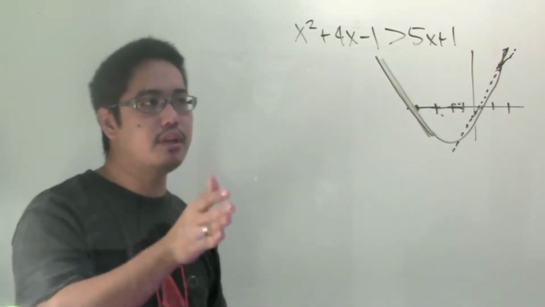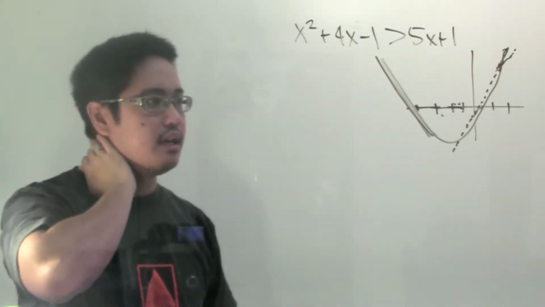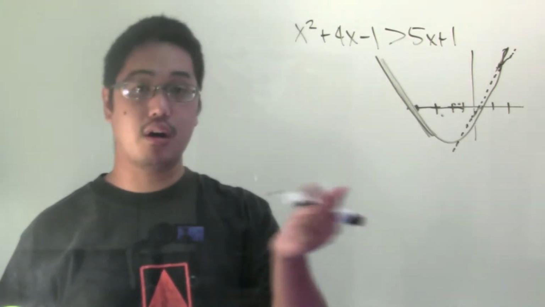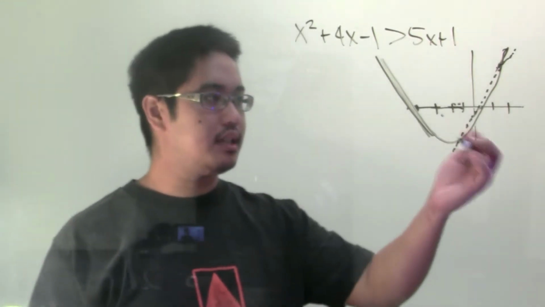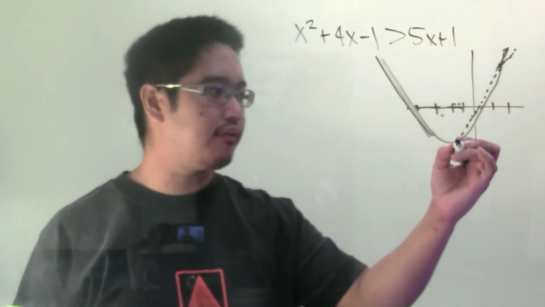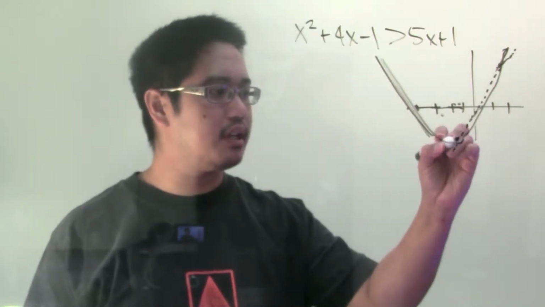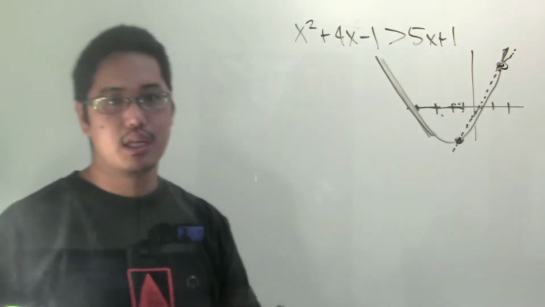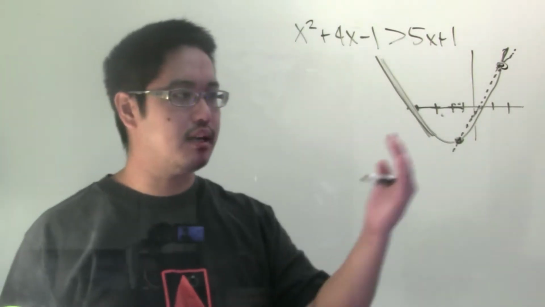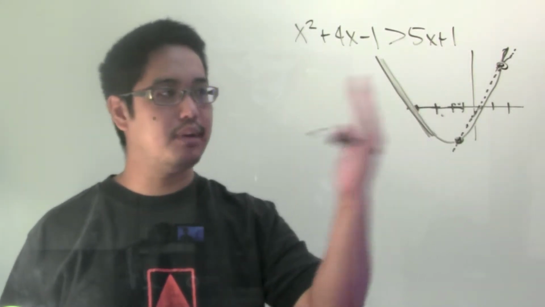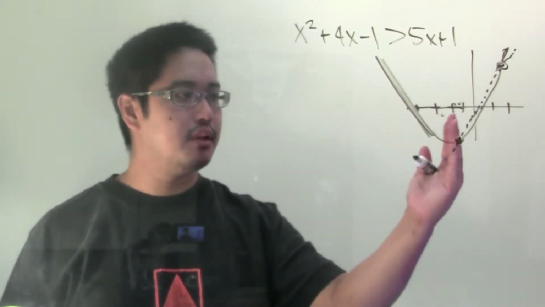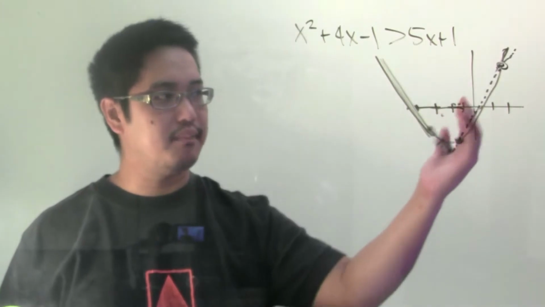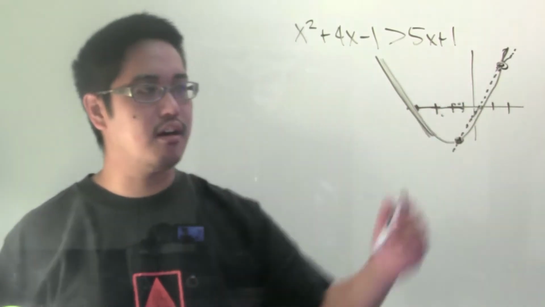Now, if I were to look at the graph, I'll be honest with you, the graph was really hard to graph, first of all. The second thing is, it's really hard for me to tell exactly where those intersection points are. Because after I find the intersection points, I can tell you that the parabola is bigger on this side than the line, and bigger on that side than this line, but I don't know what those x points are.